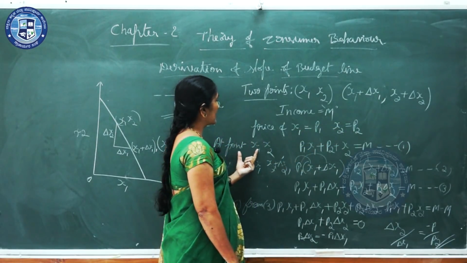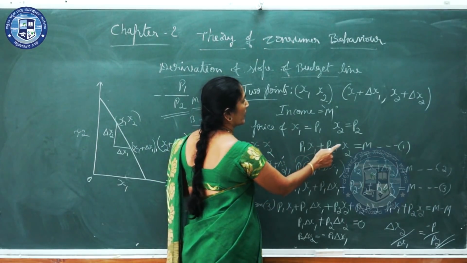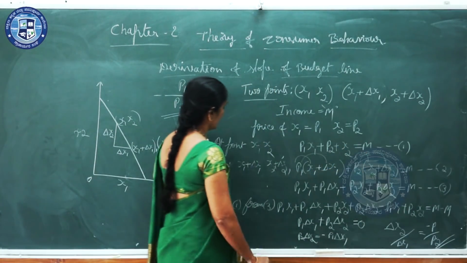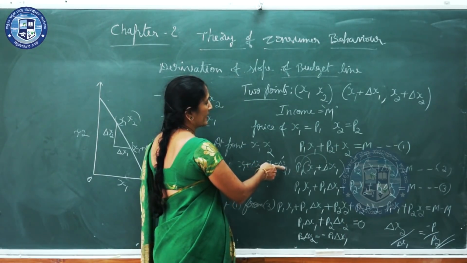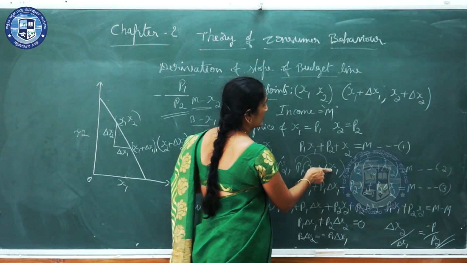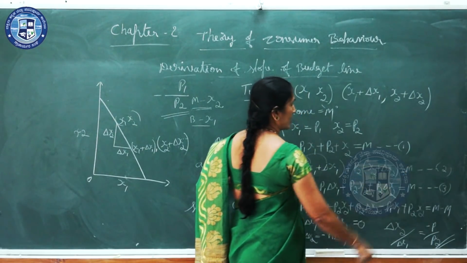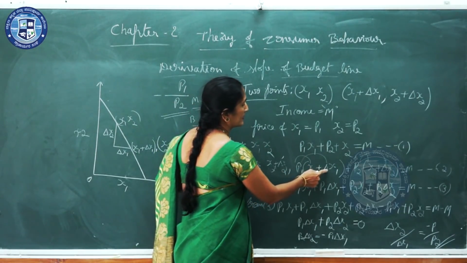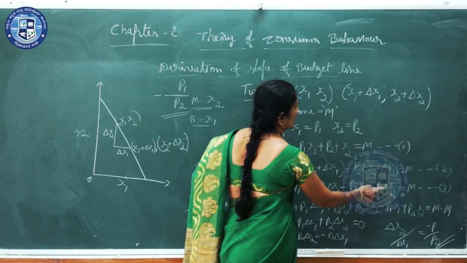At point x1, x2 we write P1 x1 plus P2 x2 is equal to M. At the other point we add the prices, P1 times x1 plus delta x1 plus P2 times x2 plus delta x2 is equal to M.